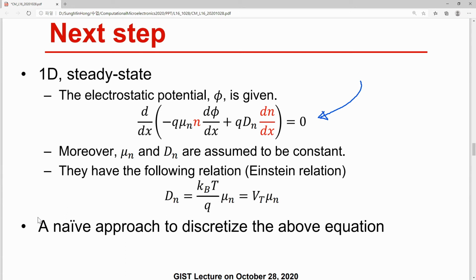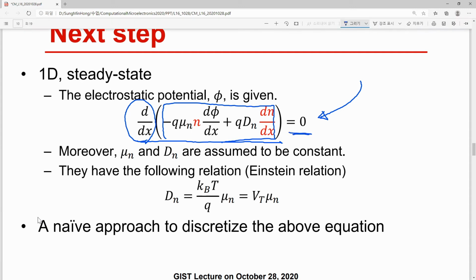continuity equation combined with the expression for Jn, and now you have this expression. The one-dimensional derivative of this expression, corresponding to J sub n, should become 0. Moreover, here we have mu sub n and D sub n.